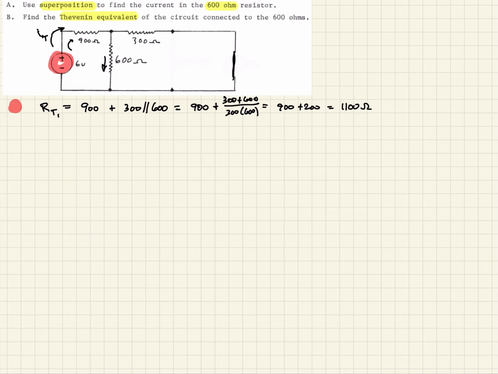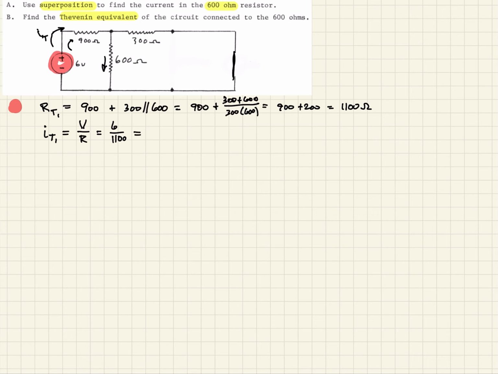So the resistance this source sees is 1100 ohms. Therefore we can solve for this I total from the first source. Remember, that's just Ohm's law, so it's voltage over resistance. In this case, it's 6 volts over 1100 ohms.